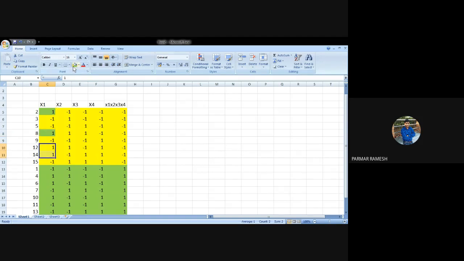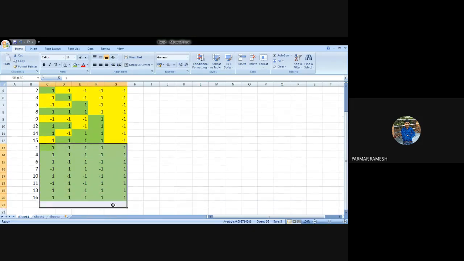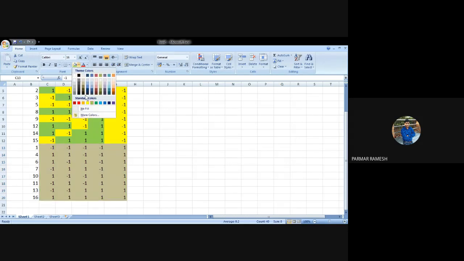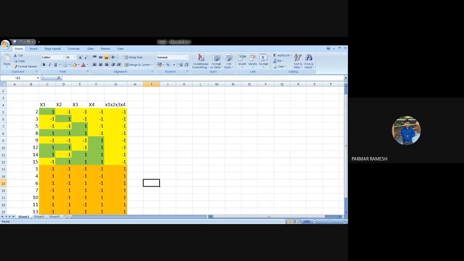The +1 are marked with green in the yellow region only, and -1 I am marking with the yellow itself. Can you observe that in the first half, each variable is assuming the -1 value 4 times and +1 value 4 times?